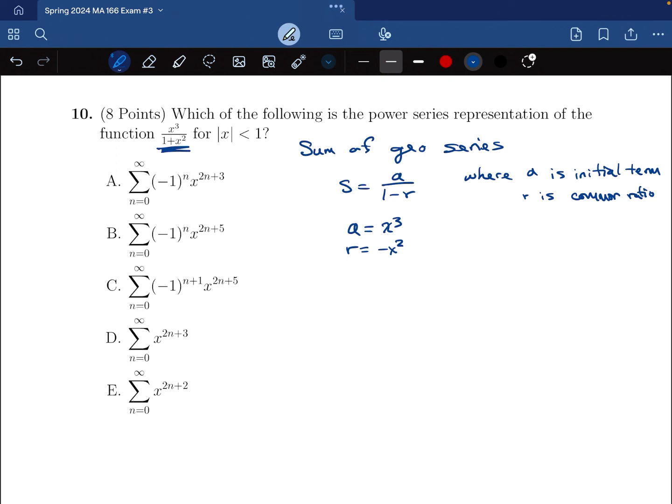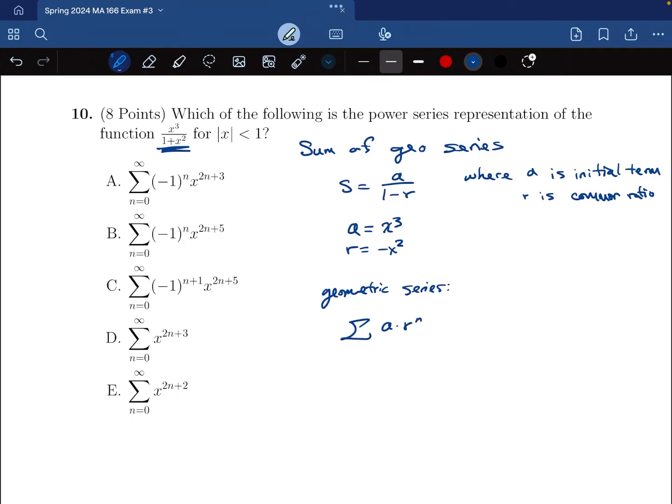So now what I can do is I can rewrite the terms of my geometric series. The general form of a geometric series, if you don't remember, is a times r to the n.